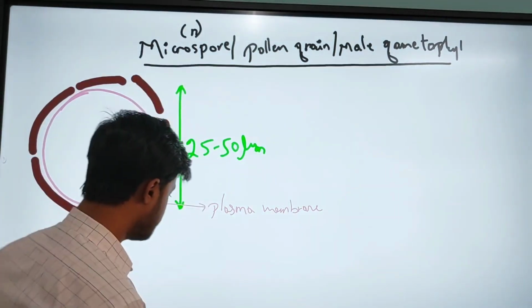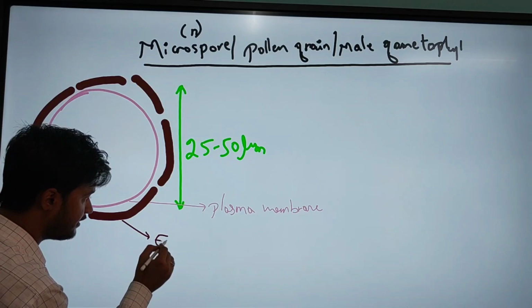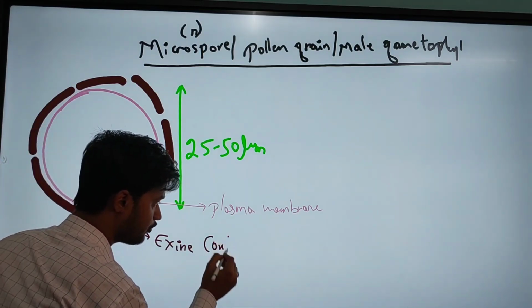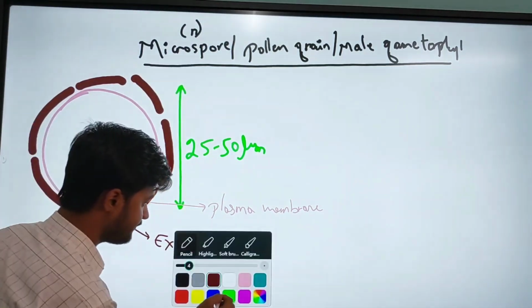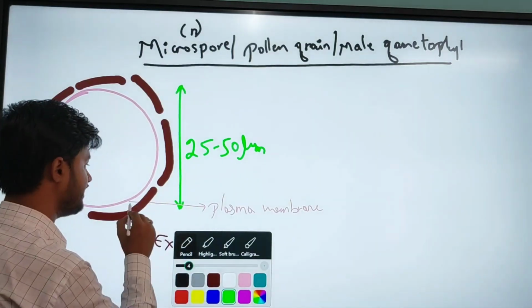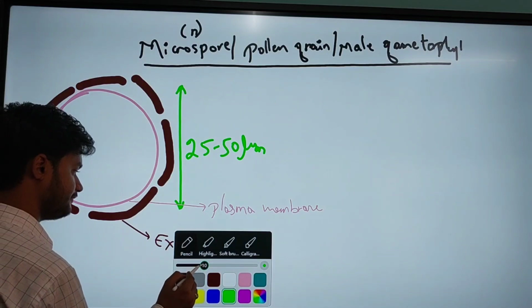Okay, the outermost layer is called the exine layer. This is called what? Outer exine. This is the outer layer. And the inner layer is called what? Intine, the inner continuous layer.